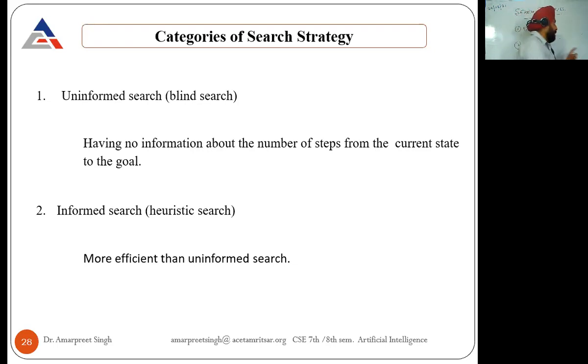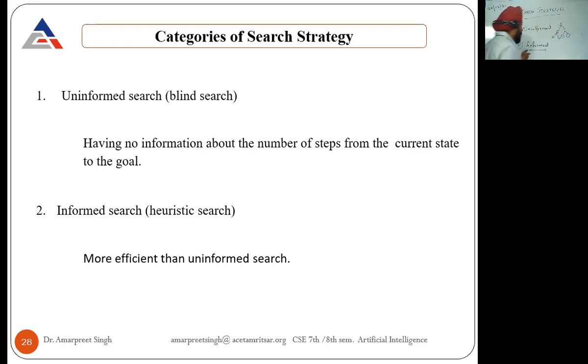Suppose we are searching for a goal state in a particular tree. You only have information about what the nodes are, no other information about the nodes. What is the distance from this node to that node? How much time it will take, or any other information about this.